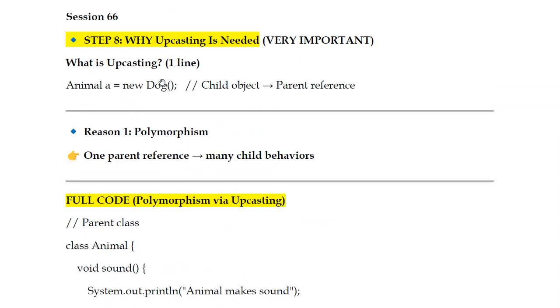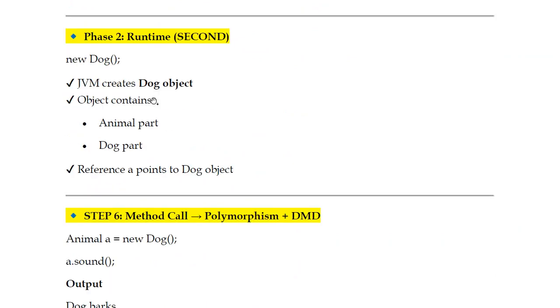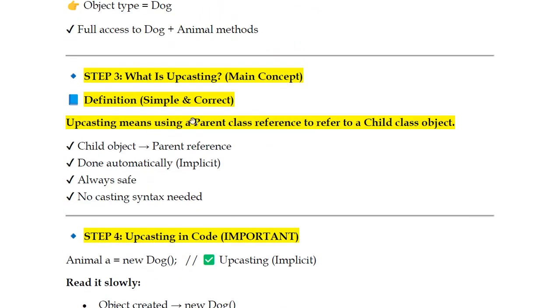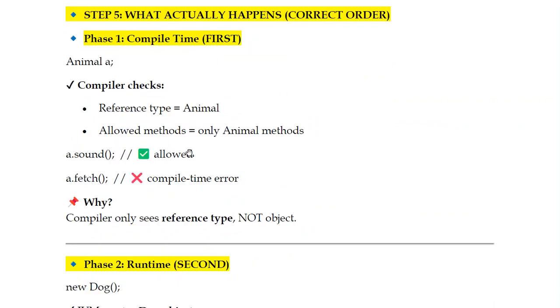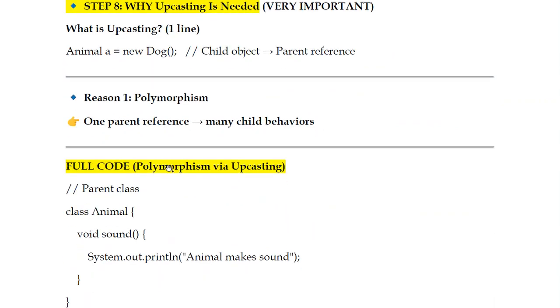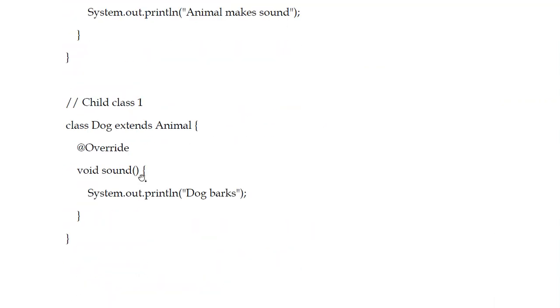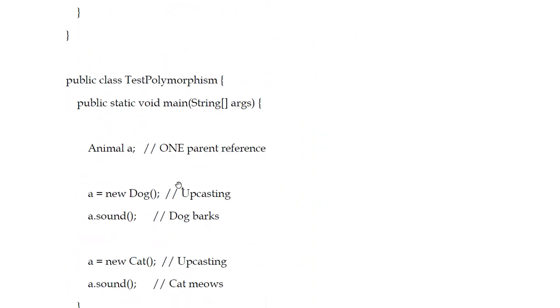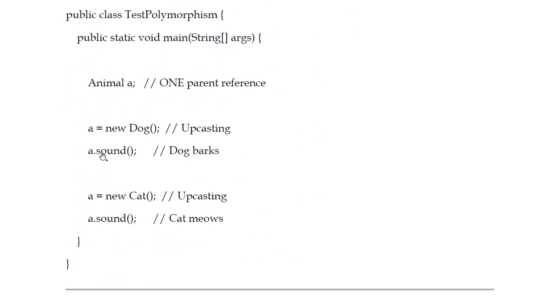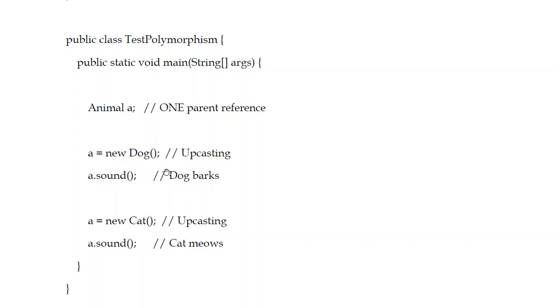Read out the definition of upcasting, which we already discussed: using a parent class reference to refer to a child class object. This is called upcasting. So runtime polymorphism is properly achieved here.